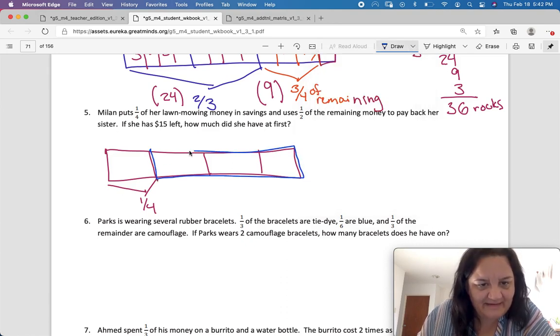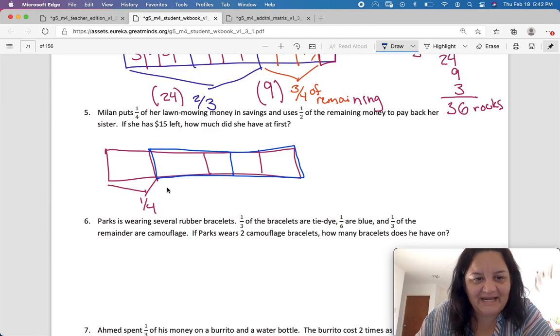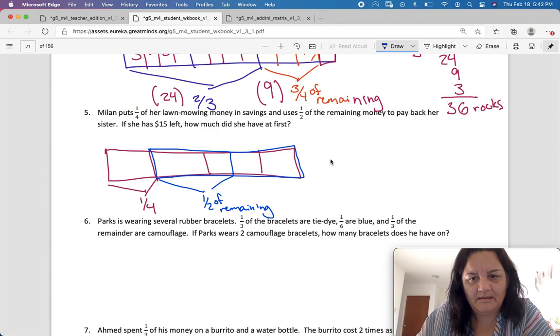Half of that, which again, I have to put that line right down the middle. Half of the remaining money went to pay back her sister, probably for doing her homework or something.